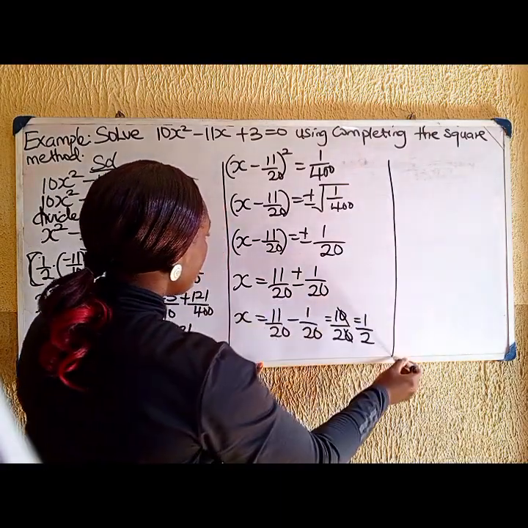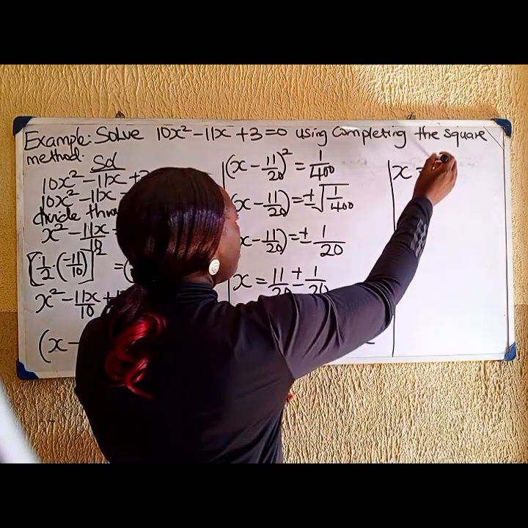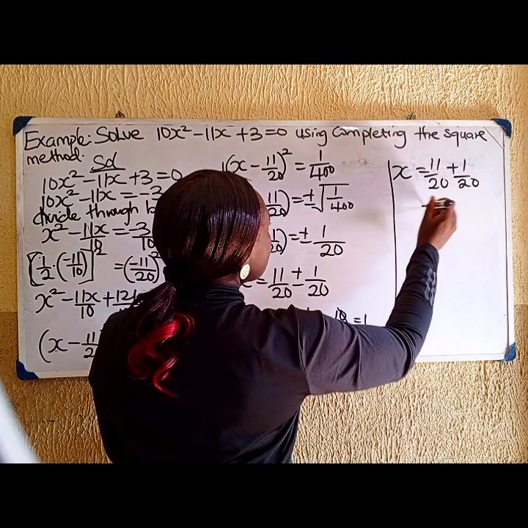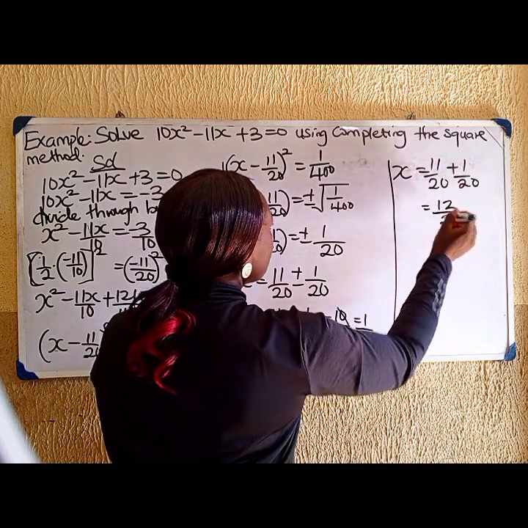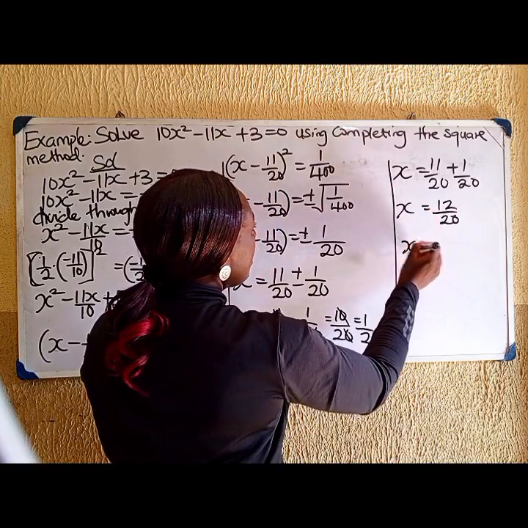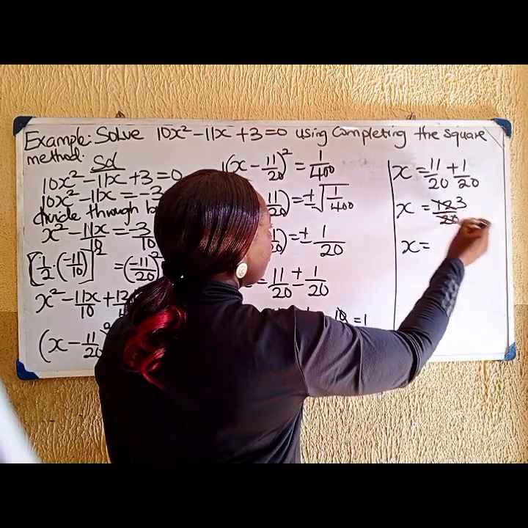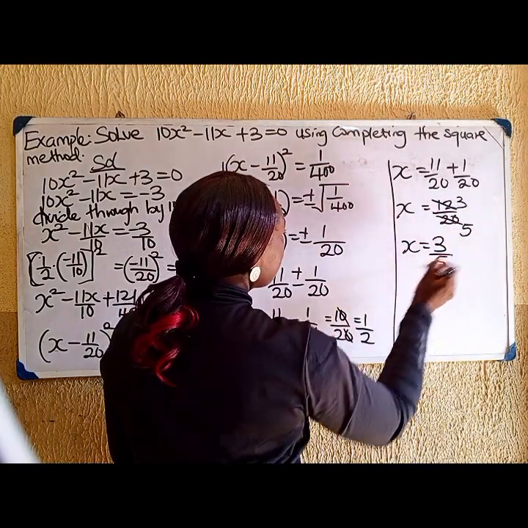And the other one will give me x equal to 11 over 20 plus 1 over 20, which is 11 plus 1, 12 over 20. Dividing by 4, 4 into 12 is 3, 4 into 20 is 5. So this one gives me 3 over 5.